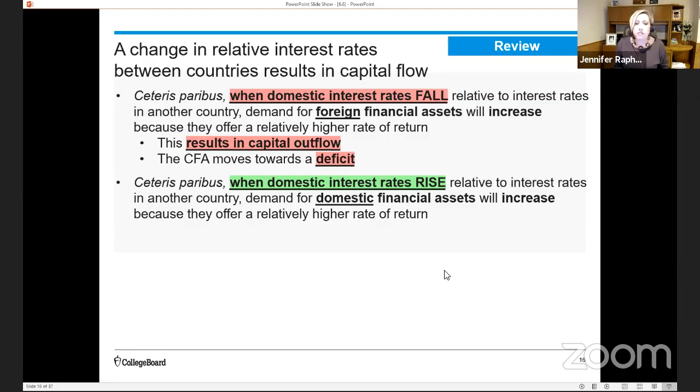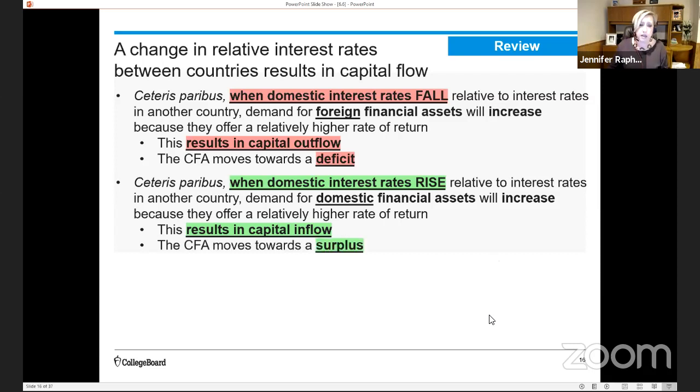So the demand for domestic financial assets will increase because they offer a relatively higher rate of return. So that results in capital inflow, money coming into the country, foreign purchasers of financial assets in the domestic economy, which moves the current and financial account towards a surplus. An existing surplus will get bigger. A deficit will move towards a surplus.